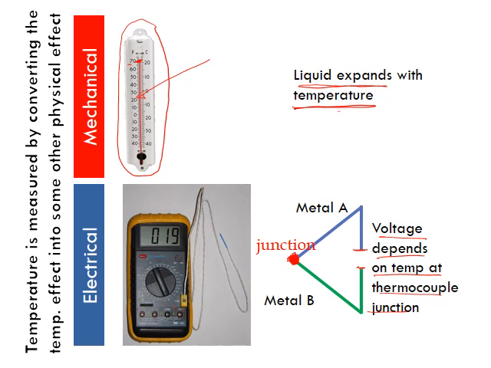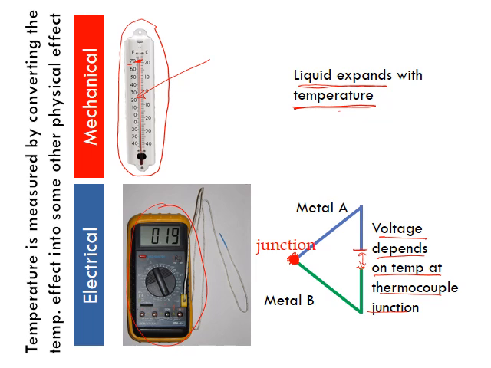So if you measure the voltage versus temperature, then again you have a calibration curve from which, by measuring the voltage using a voltage meter like a multimeter or voltmeter, you can get back to temperature.